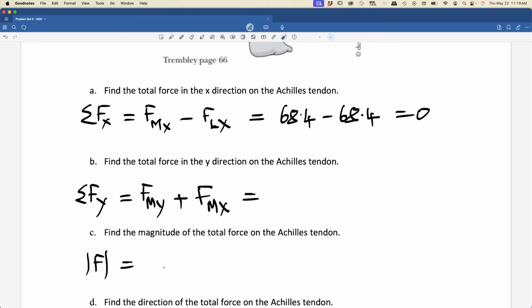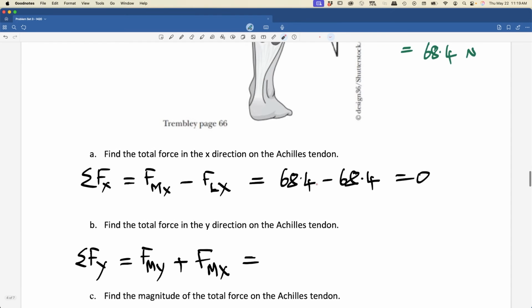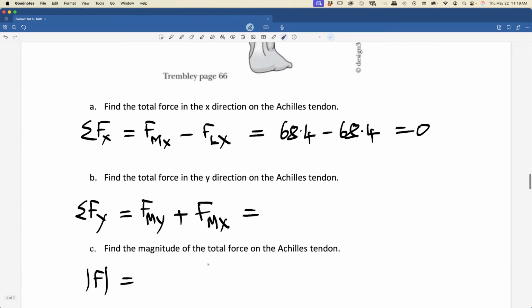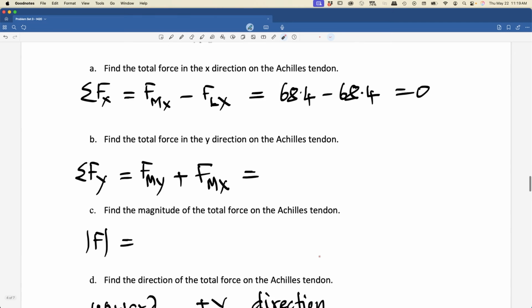It's always going to be positive. So what you got to do in this case is, remember, there's no force on the x-axis, and here you got a total force on the y, which means that the answer to part C would simply be what you got for part B. All right, make sense? Because there's nothing on the x-axis.